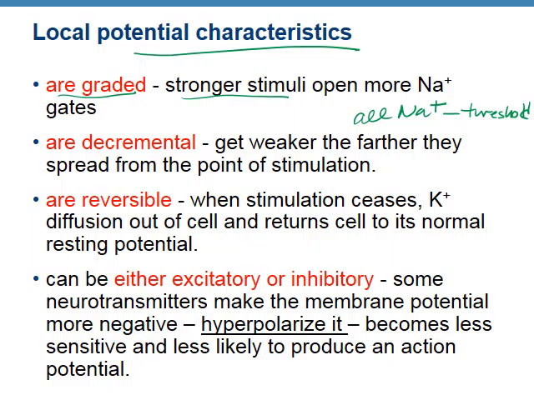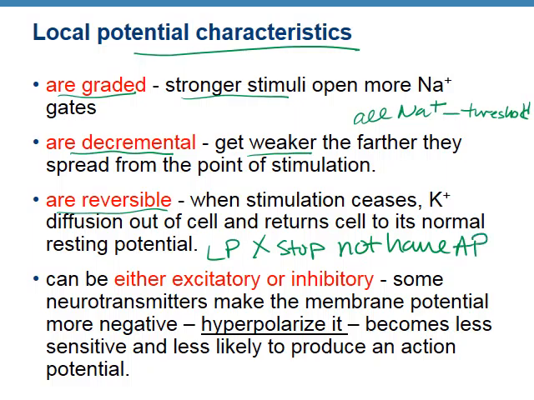A weak little stimulus isn't going to do anything. Decremental, meaning that the local potential gets weaker the farther it spreads from the point of stimulation. They are reversible. So you can create a local potential and then stop and not have an action potential.